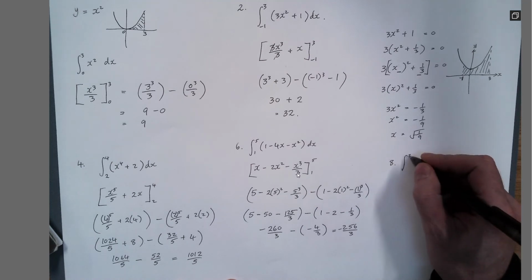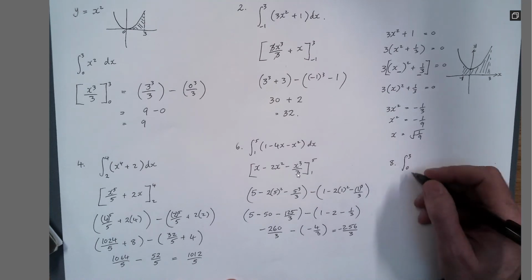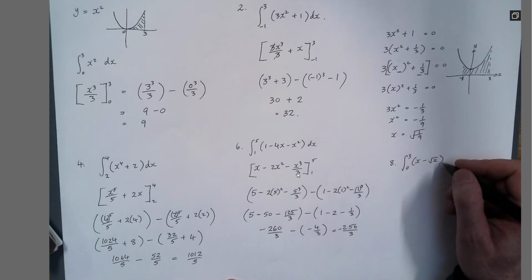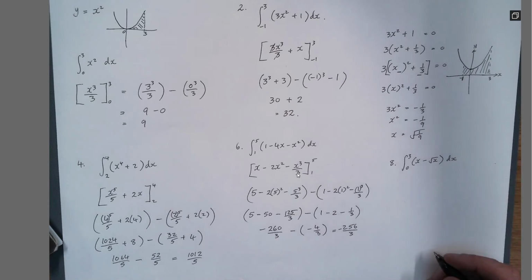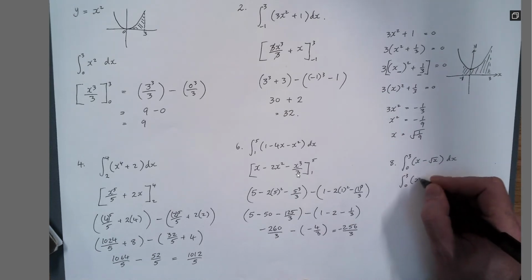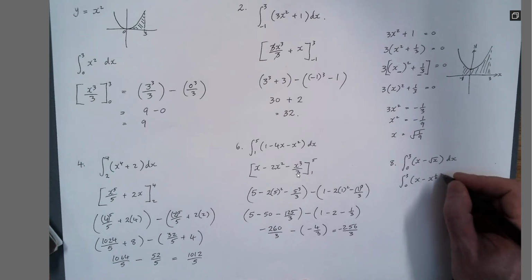So integration of the region between the curves: the integral of x minus square root x dx. That's the integral of x minus x to the power of half dx.